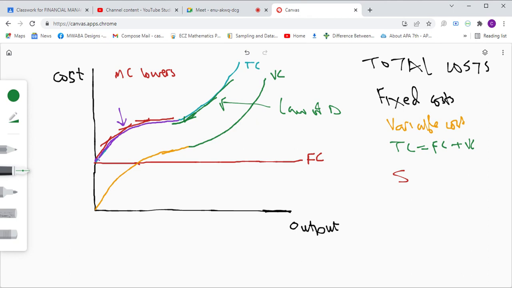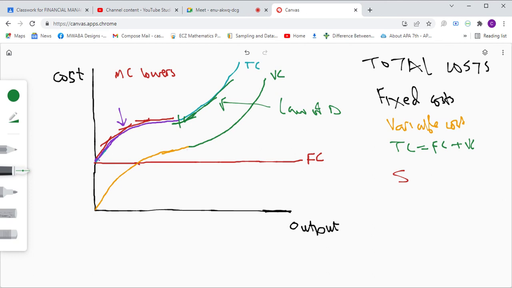So a recap of it: at first, costs are increasing at a decreasing rate, in this purple area here. Same with the variable costs, they're increasing at a decreasing rate, because as we're hiring more workers, we get the benefits of specialization.